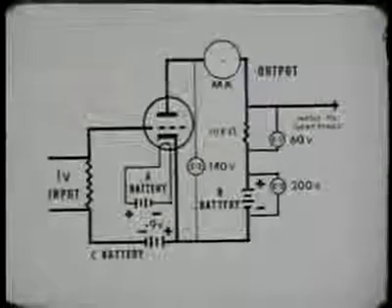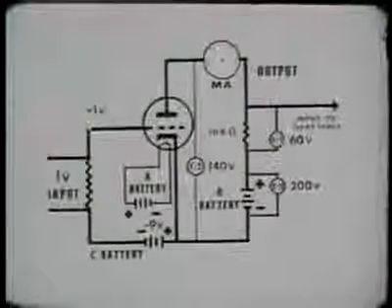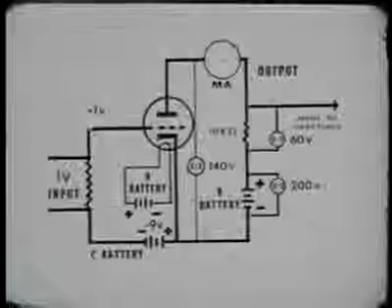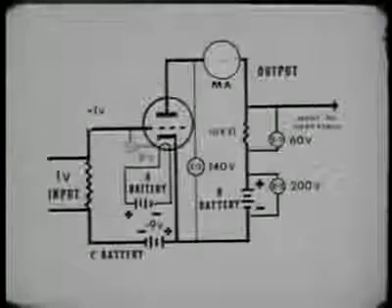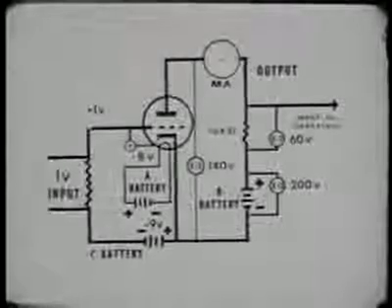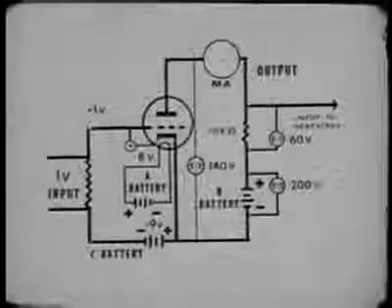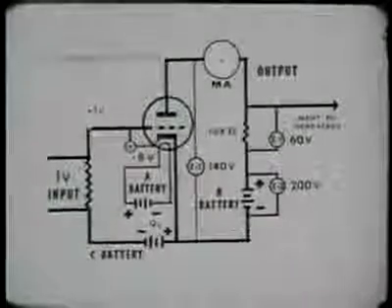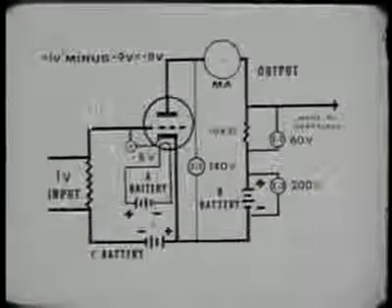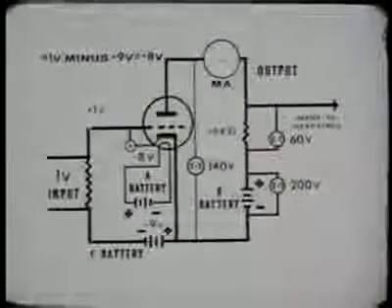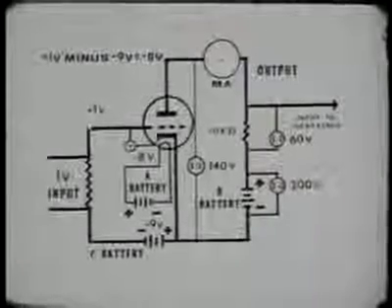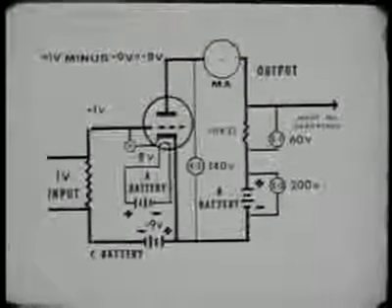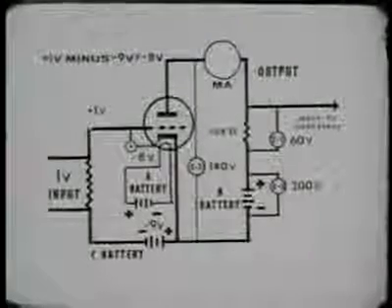When the positive portion of the signal reaches a peak of 1 volt, there is a difference of potential between grid and cathode of minus 8 volts. This is found by adding plus 1 volt to minus 9 volts. This reduction of the voltage difference between the grid and cathode allows more current to flow.